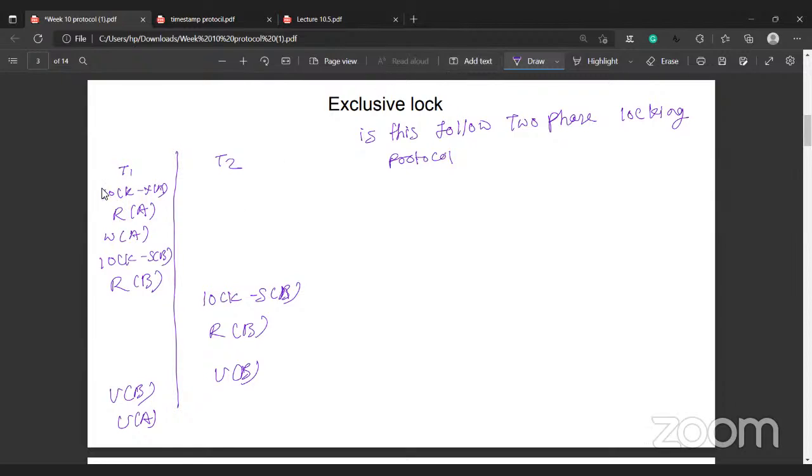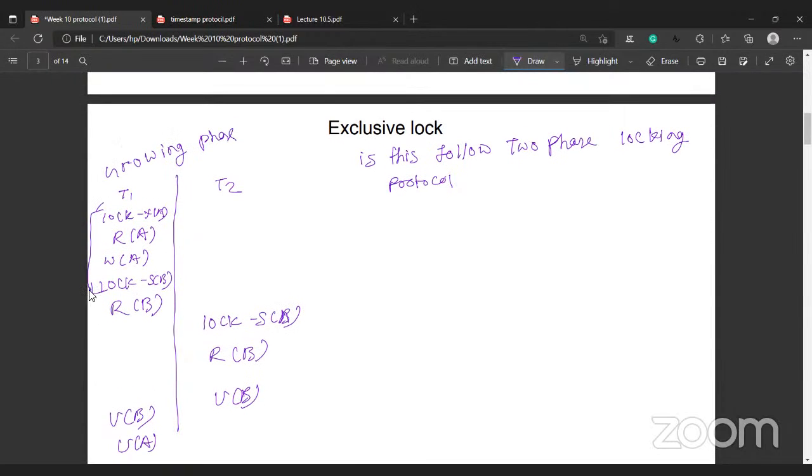Okay, you can see that this is the growing phase for transaction T1, and this is the shrinking phase for transaction T1.